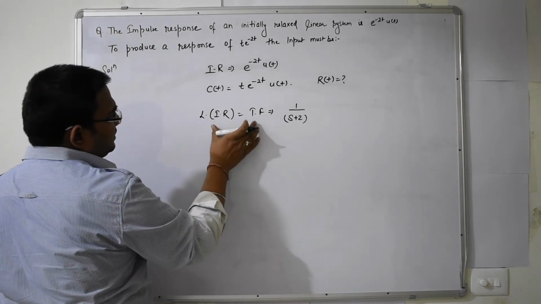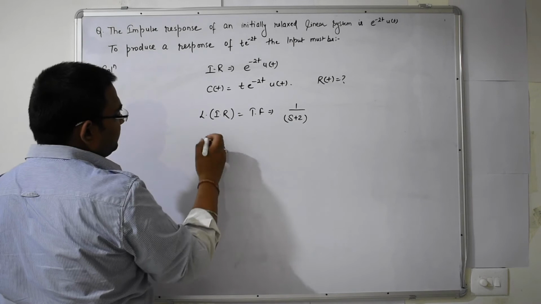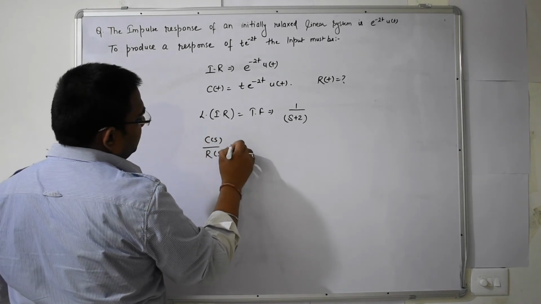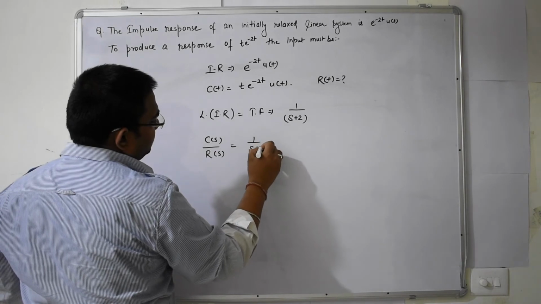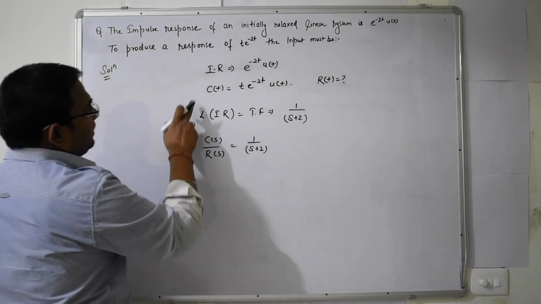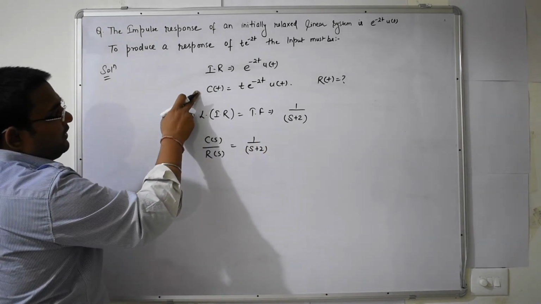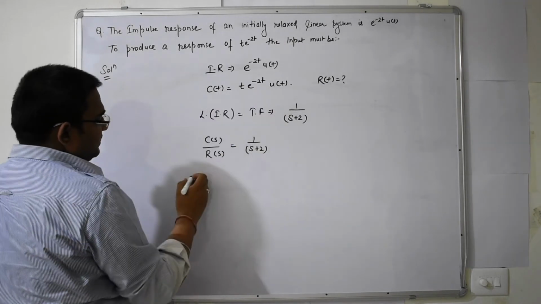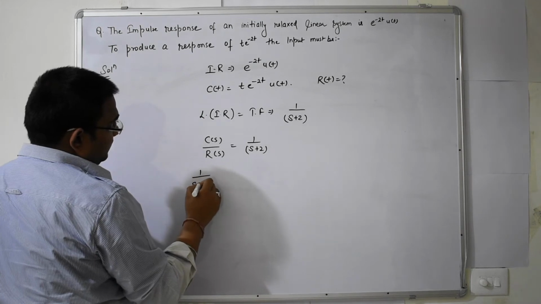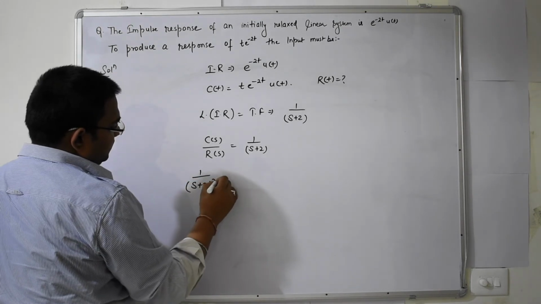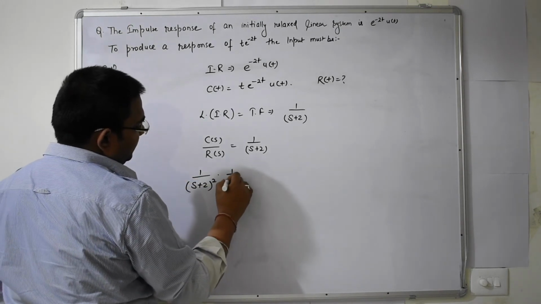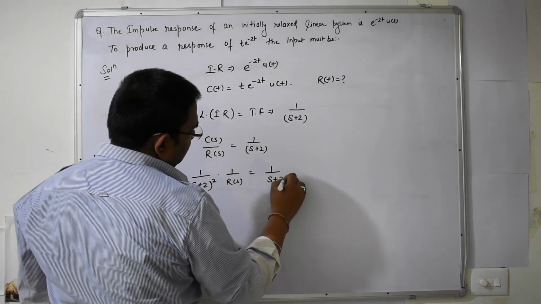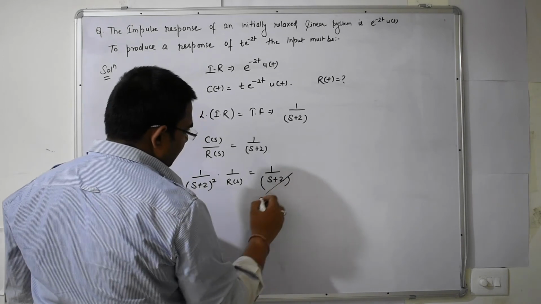So this Laplace transform of impulse response equals the transfer function, which is equal to C(s) by R(s), that is 1 upon s plus 2. Just by substituting the value of C(s), which is 1 upon (s plus 2) whole square, into 1 by R(s), which is 1 by s plus 2.